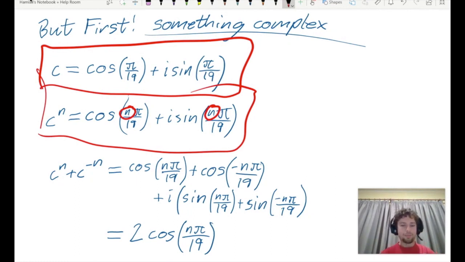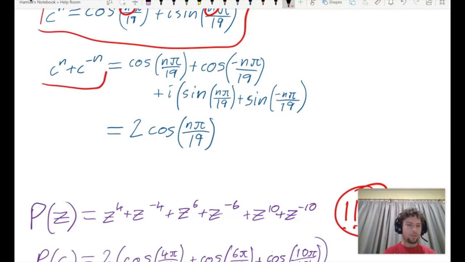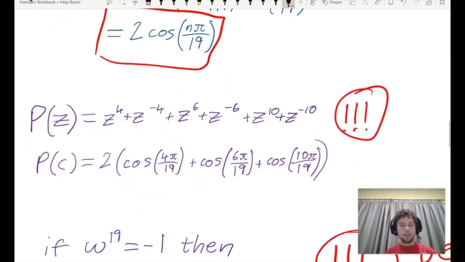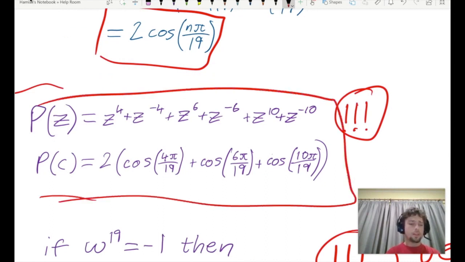And this is great because when you use c to the n plus c to the minus n, it comes out to be 2 times cosine of n pi over 19. Using this, we can construct a polynomial here. You see on the screen that when you put the value of c in, you get our solution for x.